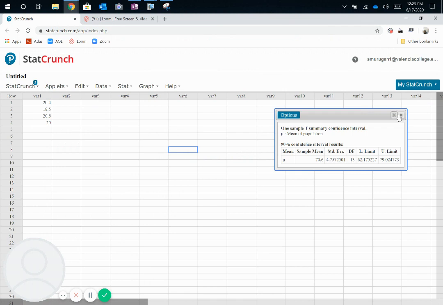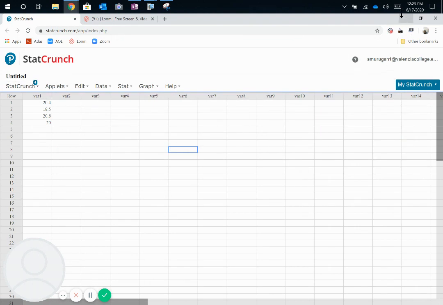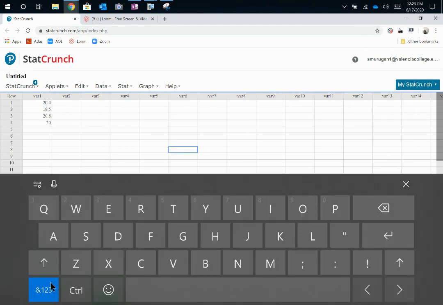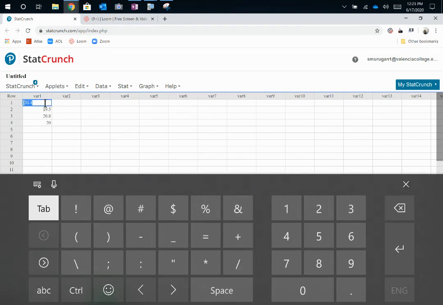Edit my StatCrunch table. So 20.7, 21.1, 20.8 is already there, and 21.2.